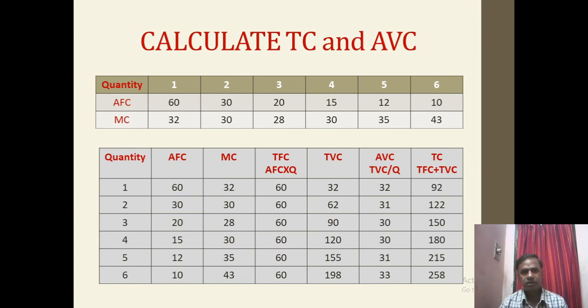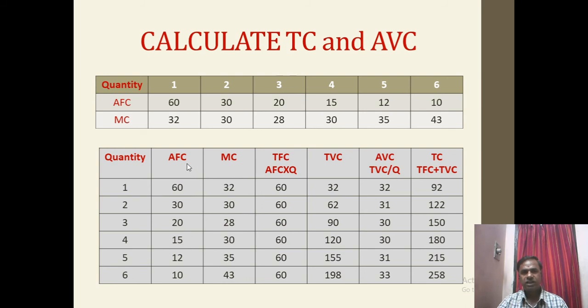Then you have AFC given, MC given. With the help of this, we have to find out the TC and AVC. AFC is given, MC is given, you have to find out TC and the AVC. This is output, quantity is given, AFC is written, MC is given. This is all given in the question.